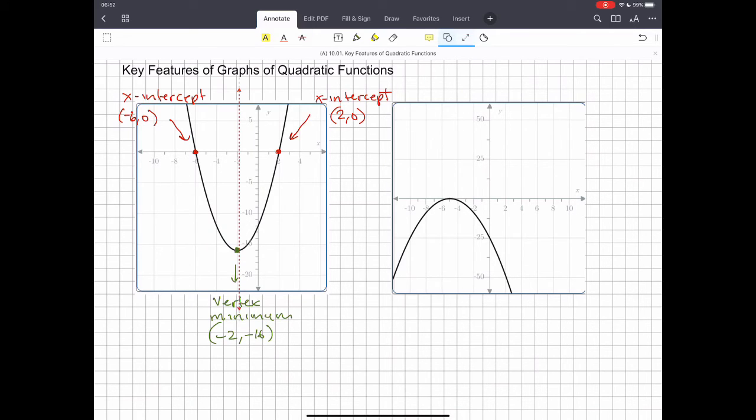Parabolas also have a line that runs through the vertex called the axis of symmetry. This line that runs through it creates a reflection or a mirror image on each side of the parabola.